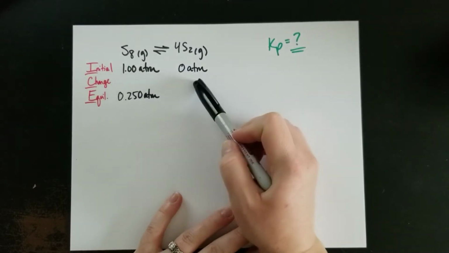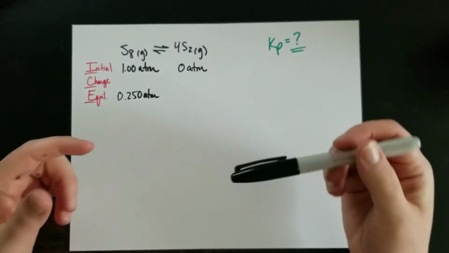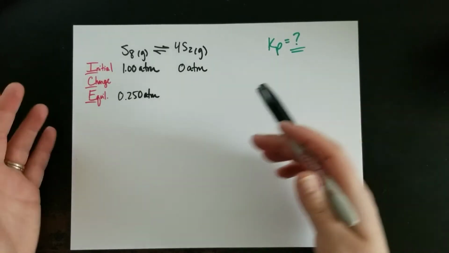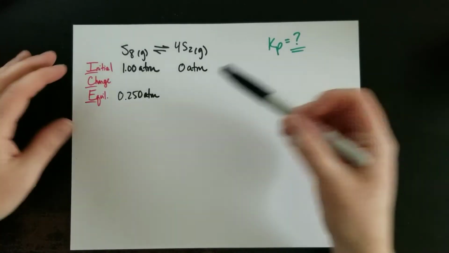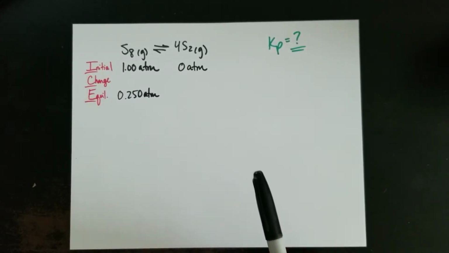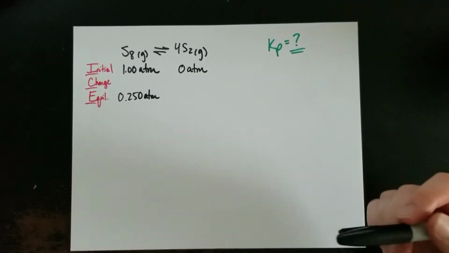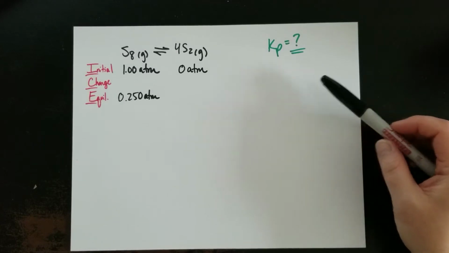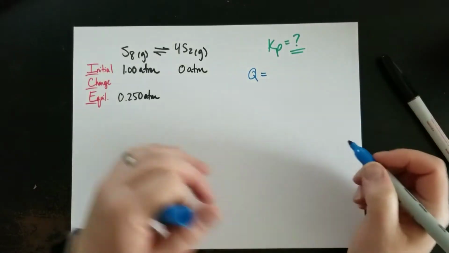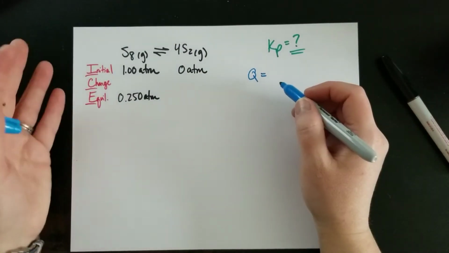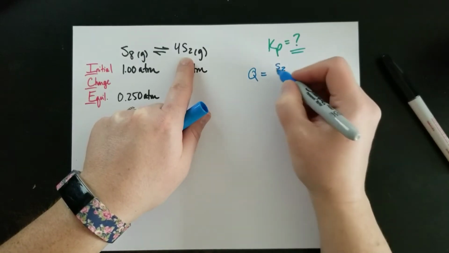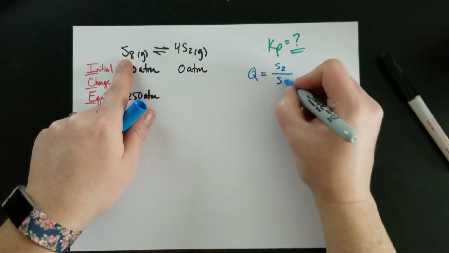So for the change row, we need to consider which direction this reaction is going to proceed in or is going to shift in order to reach equilibrium, because we're not at equilibrium at the beginning here if all we have is reactants. And the best way to think about this is to remember your Q versus K situation. Q in this situation, if I set up my Q expression, remember it's going to have the same expression as K. So I'm going to have my products, so S2 over my reactants, so S8.